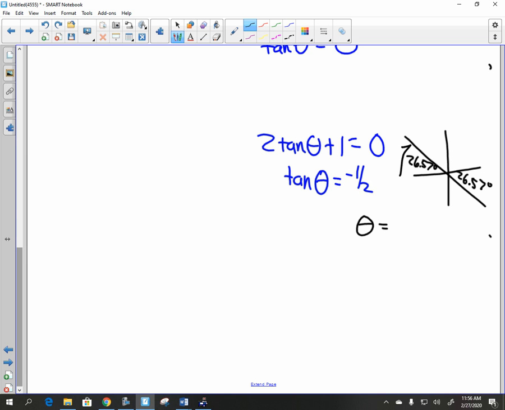So I've got 180 minus, which is 153.43. And then you're going to subtract 26.57 off of 360. You get 333.43 degrees.